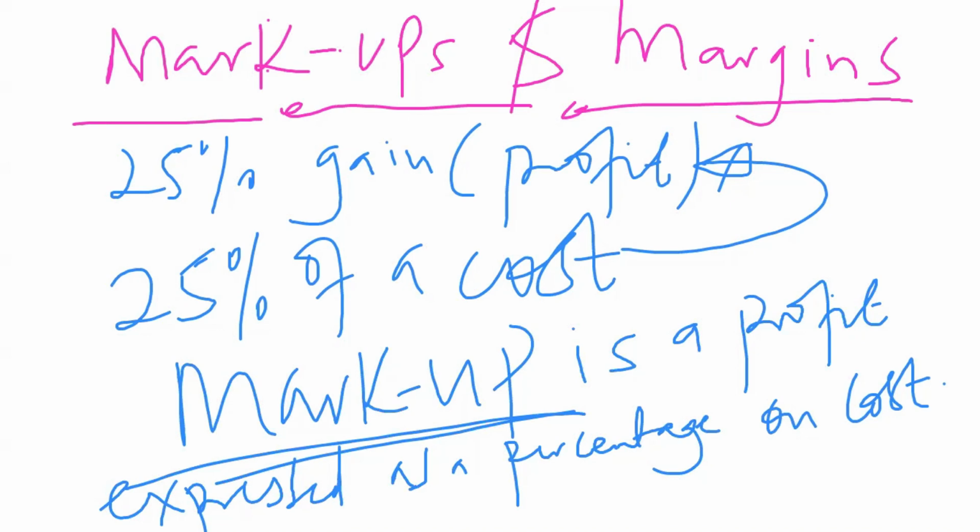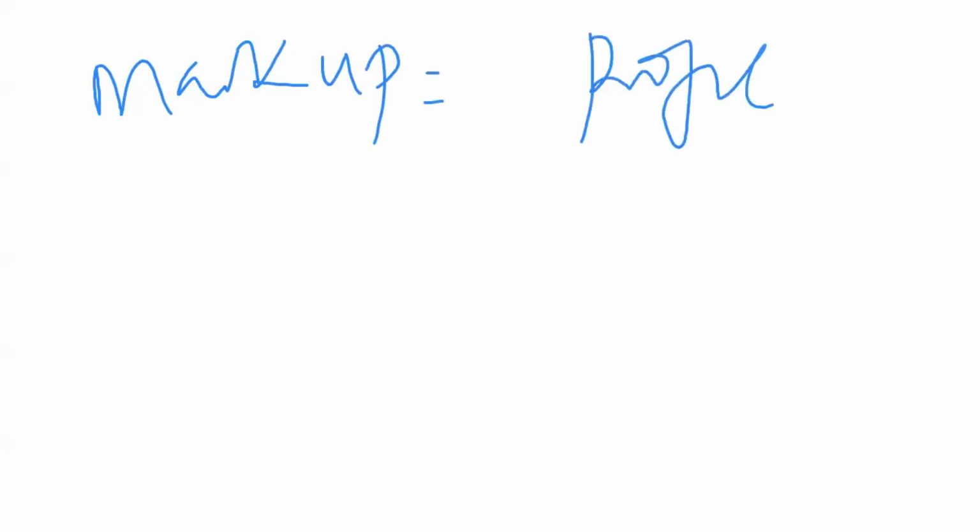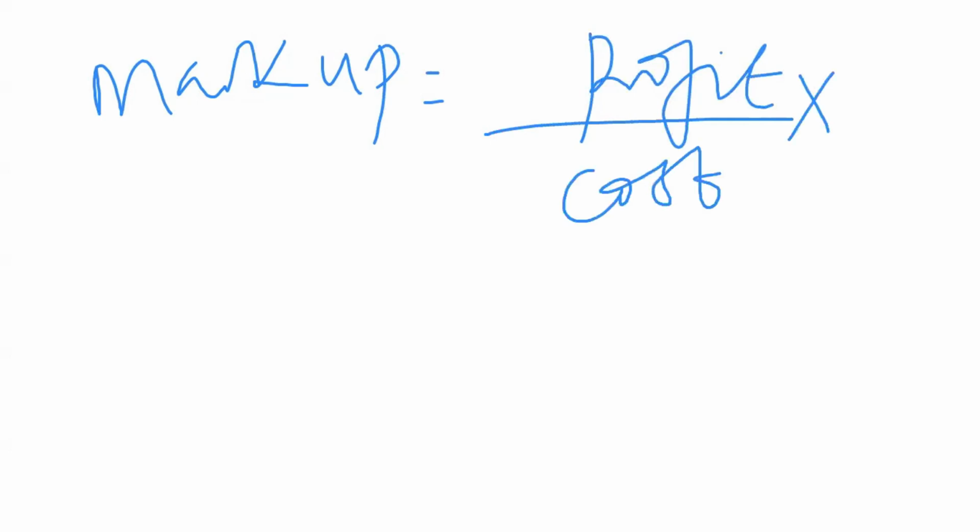So a profit expressed as a percentage on cost means, to get the markup, it will be the profit over the cost, then we multiply by 100. So the markup will be the profit over the cost times 100.